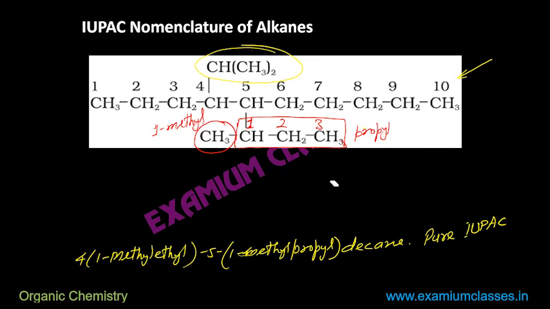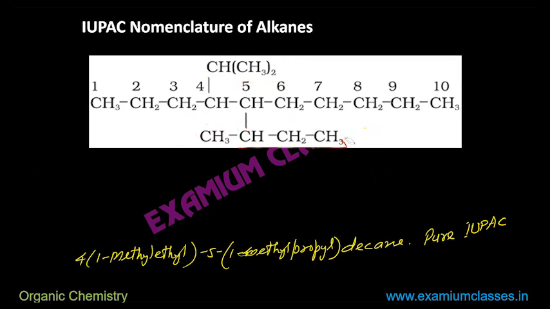Now the other way. The other way is this structure which is on the 4th carbon. On the 4th carbon you have a structure CH3, and it is exactly the same structure which I told you yesterday, CH3.